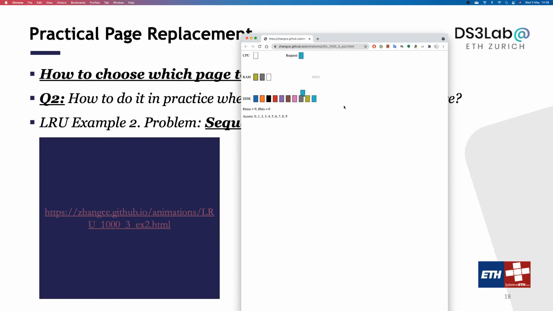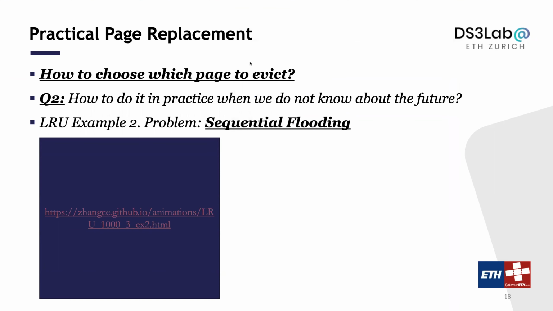Every single time we have a repeated sequential scan, you will always have buffer misses. You are never going to serve any page from the buffer, because you are always going to evict the least recently used buffer page.